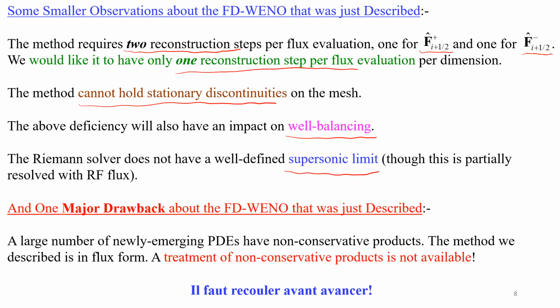Now, a major drawback, those were minor issues, minor quibbles that one can have, but a major drawback with this finite difference WENO formulation is that, as described, it is not suited for hyperbolic PDEs that involve non-conservative products. And so we would actually like to have a finite difference WENO formulation that works with non-conservative products and also stiff source terms, because that seems to be where the invention of new PDE systems is headed.